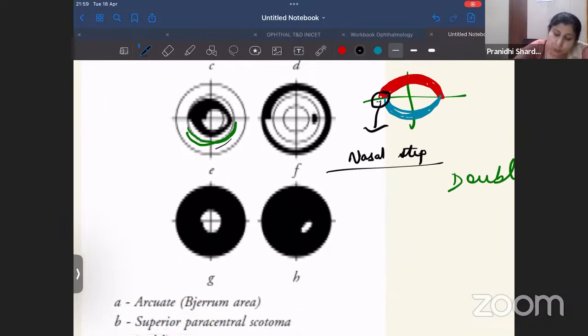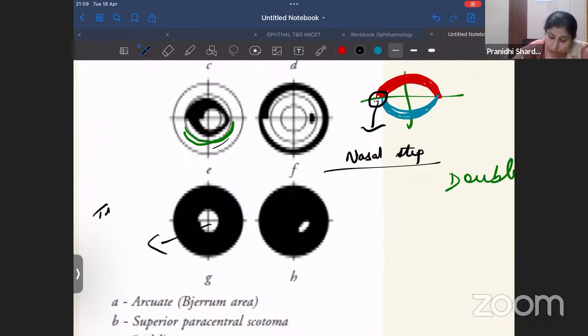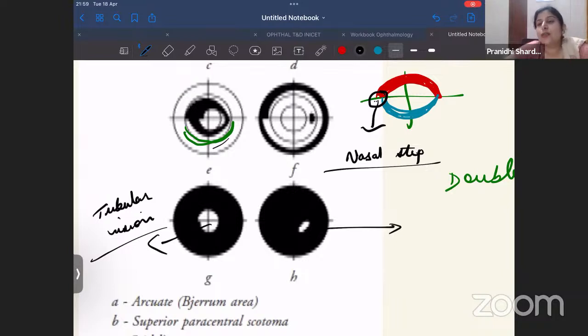Then they spread towards the whole periphery, and then there is contraction of the vision, and ultimately the patient is left with tubular vision. And another question asked in NEET: which vision is the last to go in glaucoma?